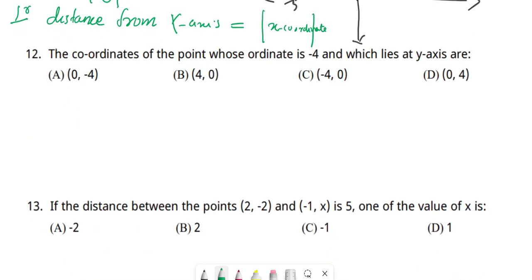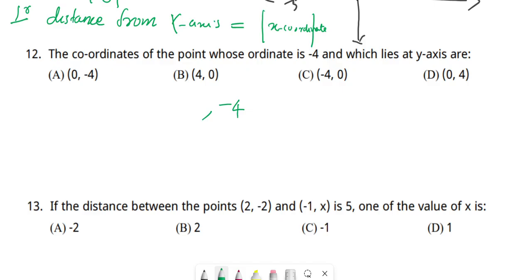Next question. The coordinate of the point whose ordinate is -4 and which lies at y axis are. Ordinate means the y coordinate.